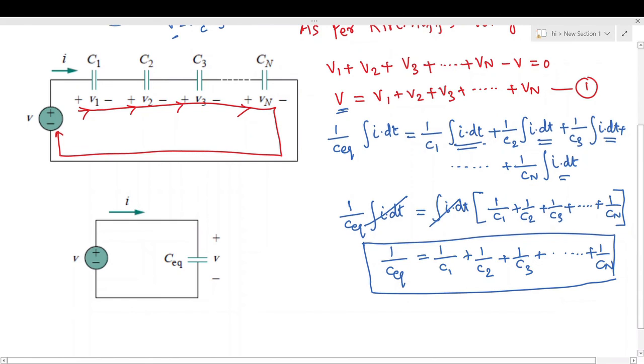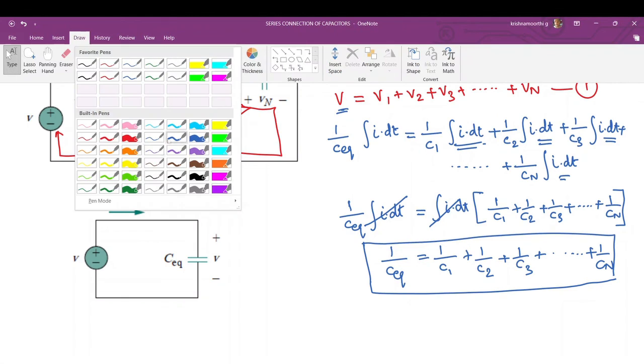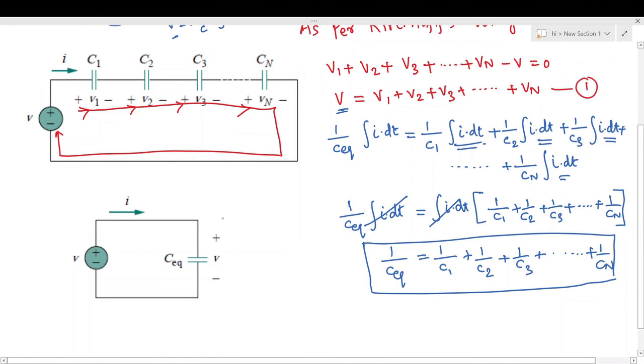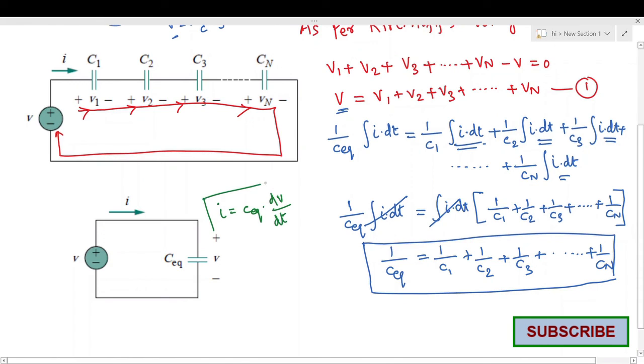The current I is flowing in the circuit, the individual capacitors are replaced with the equivalent capacitance value, and the voltage across the equivalent capacitance will be positive V. The formula to find the value of current is I is equal to C equivalent, that is the equivalent capacitance value, into dV by dt. So by applying this formula we can easily find out the value of current I in the series circuit.